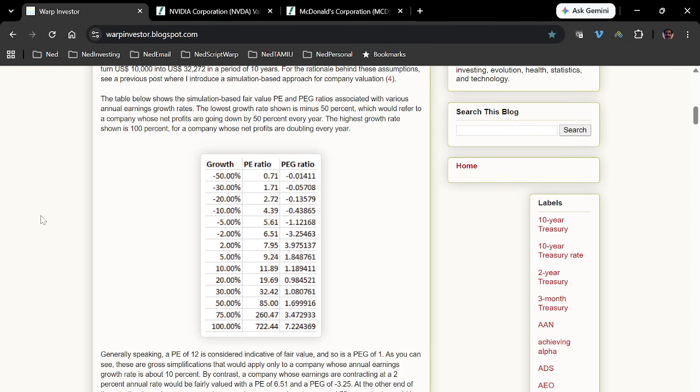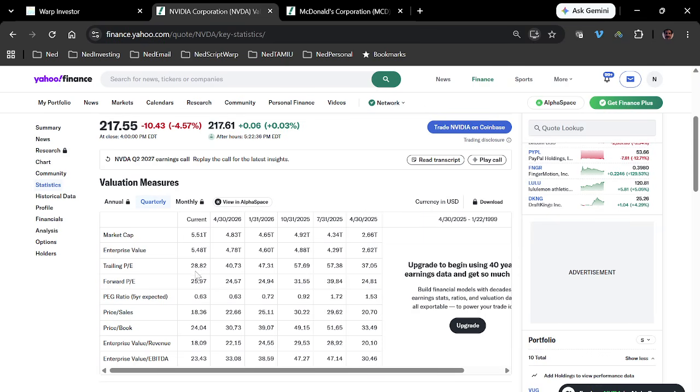Now, if we go to that table on the Warp Investor blog, we see that with an expected growth rate of 50%, a PE ratio of 85 would be indicative of the stock being reasonably priced. So 85. So with this PE of a little lower than 30, this stock is properly priced.